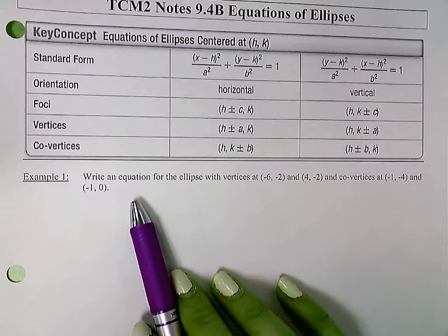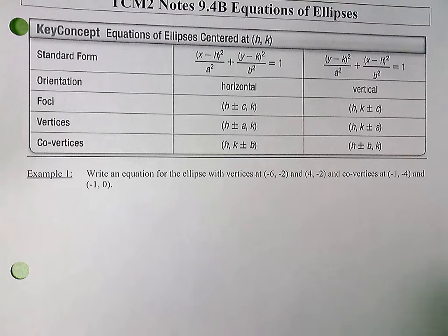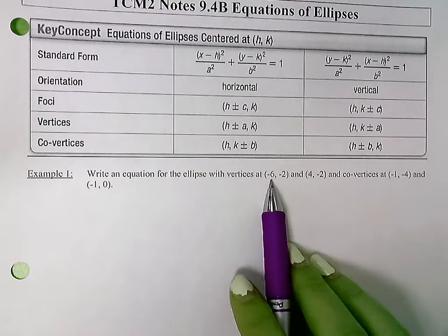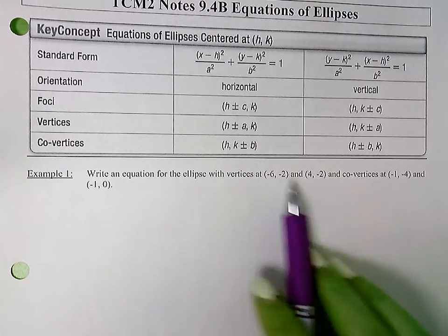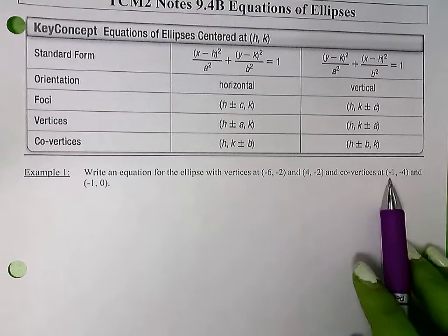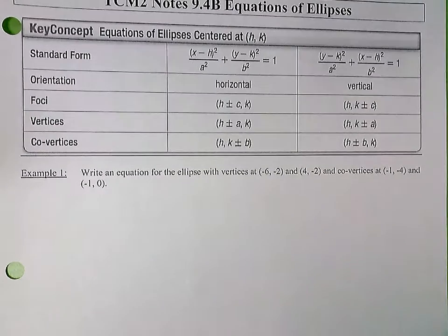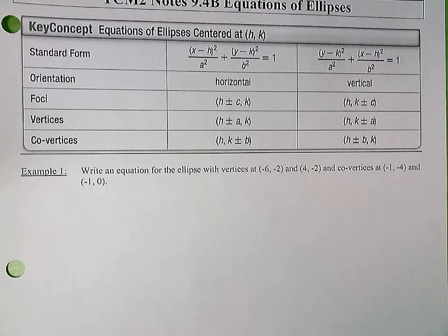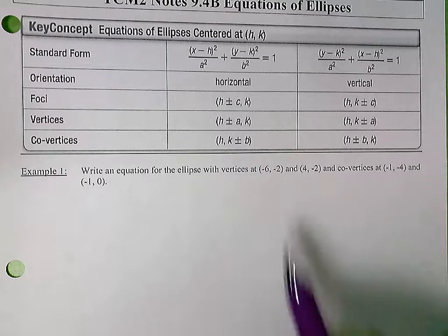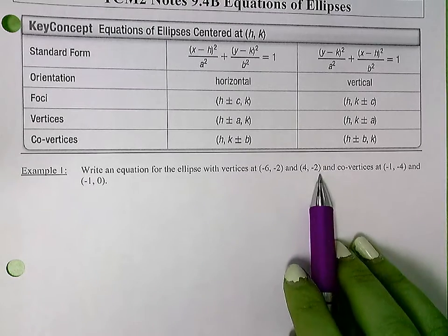So with example 1, we want to write an equation for an ellipse with vertices at -6, -2, and 4, -2. And co-vertices at -1, -4, and -1, 0. So when I look at this type of problem, what I want to pick out are my x values the same or my y values the same.